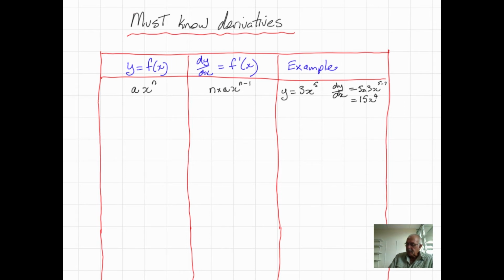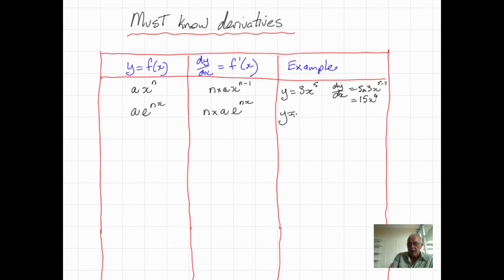Next one, if you've got the exponential number e to the n x, where once again a and n are constants, it's a little bit different. You don't take one off the power. The n comes down the front, and you've still got e to the same power as before.